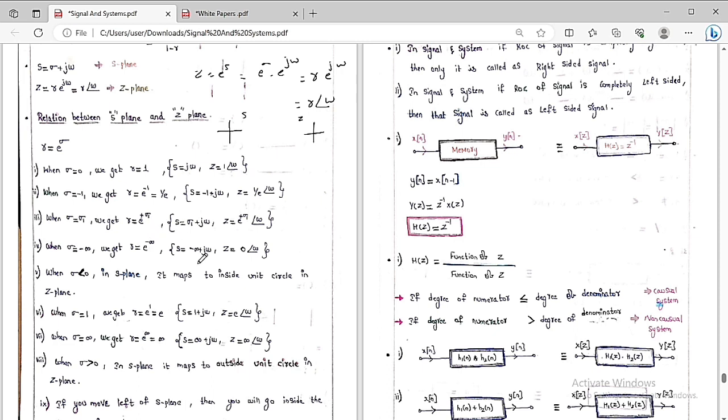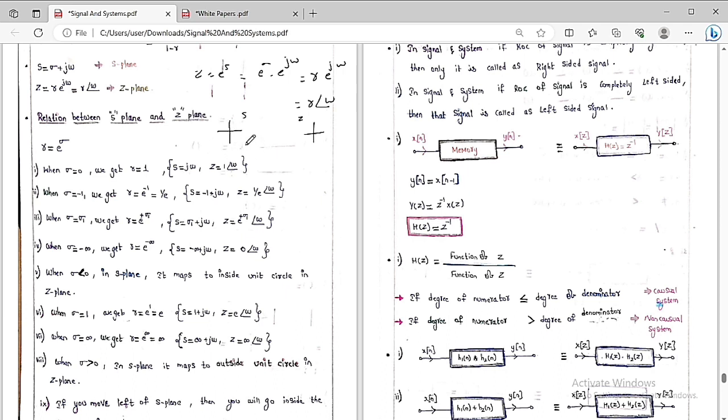So S is equal to minus infinity plus j omega means Z is equal to 0 at an angle of omega. Any point lying in the left half at a very large negative value maps to a point circle, that is, zero radius. When sigma is less than 0 in the S plane, it maps inside the unit circle in the Z plane. Same thing I already told you.